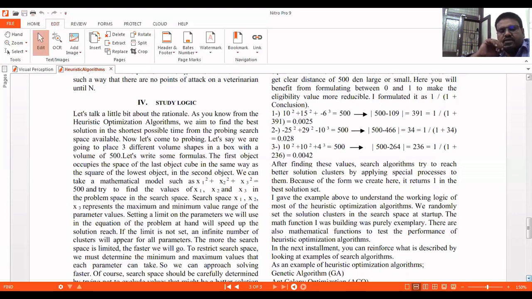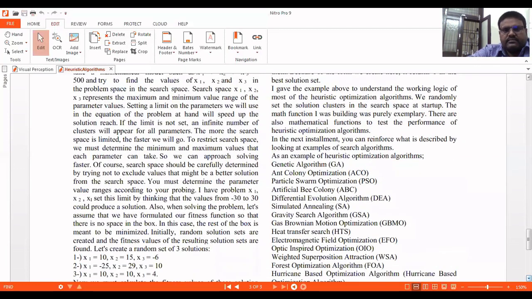Of course, the search space should be carefully determined, trying not to exclude values that might be a better solution. You must determine the parameter value range according to your problem. For x1, x2, x3 I set these limits thinking that values from minus 30 to 30 could produce a solution.